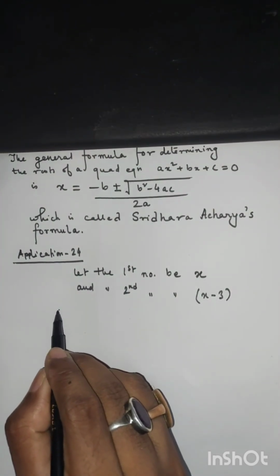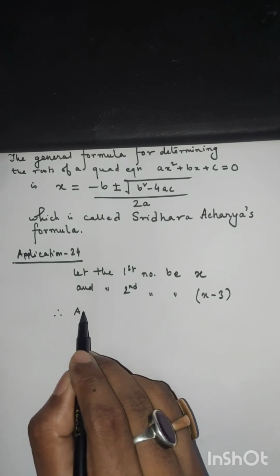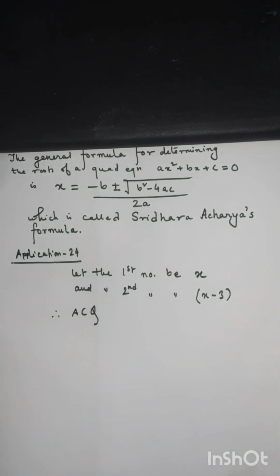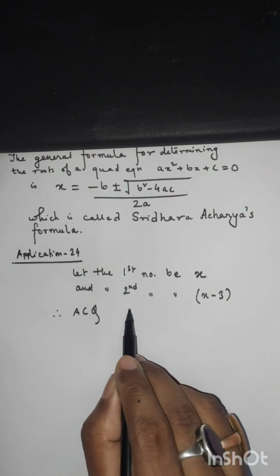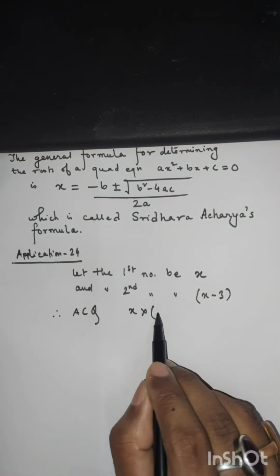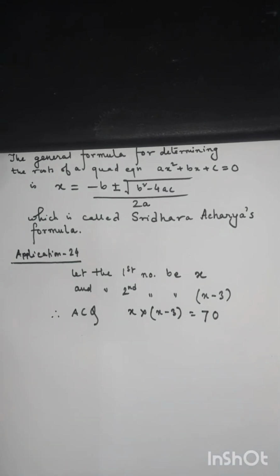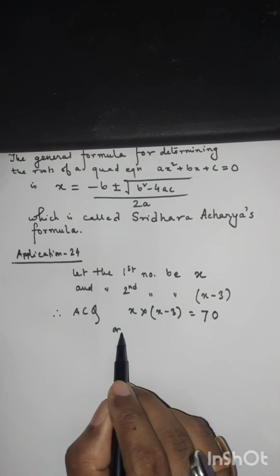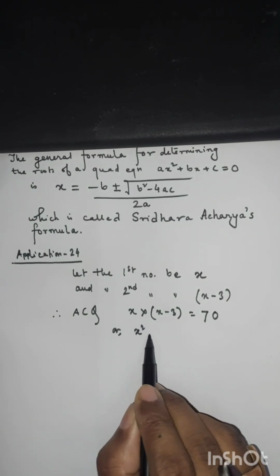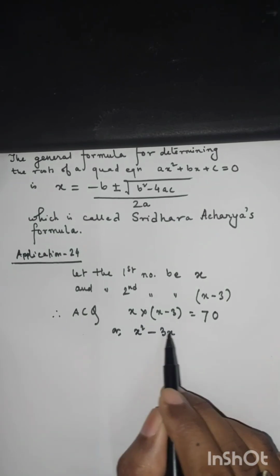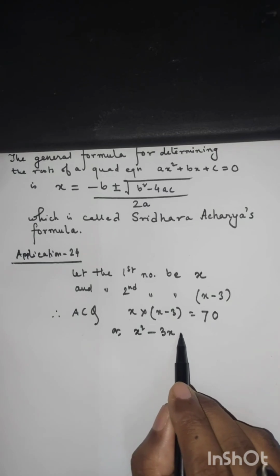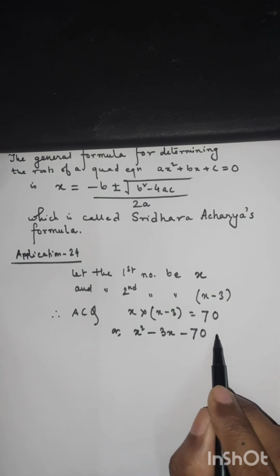Therefore, according to the question, x into x minus 3 should be 70. Now x square minus 3x minus 70 equal to 0.